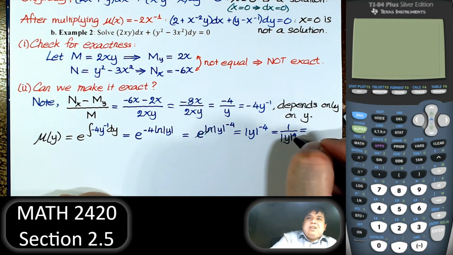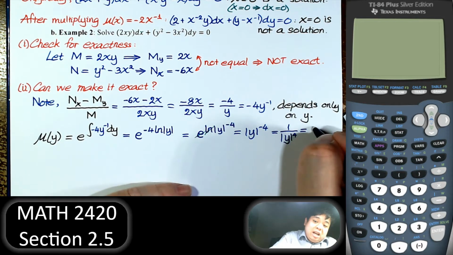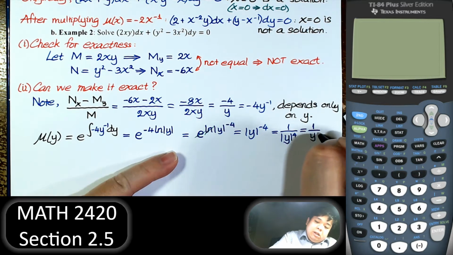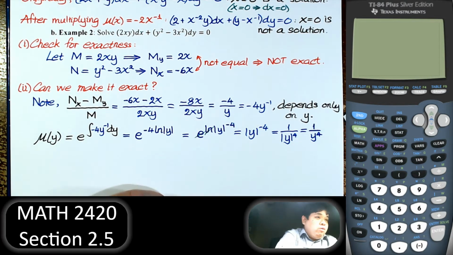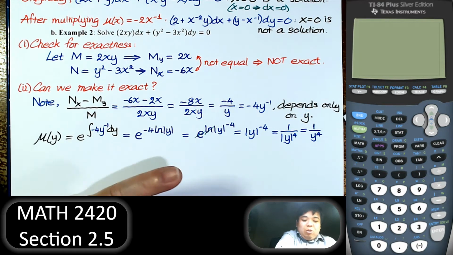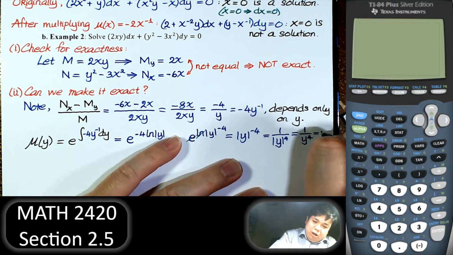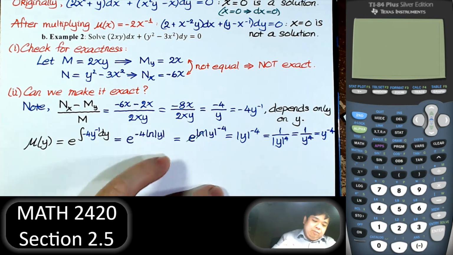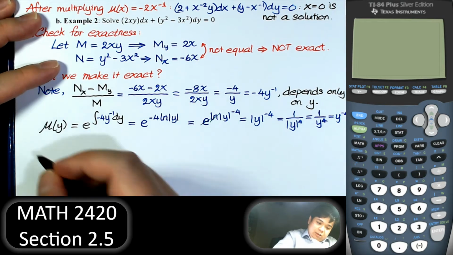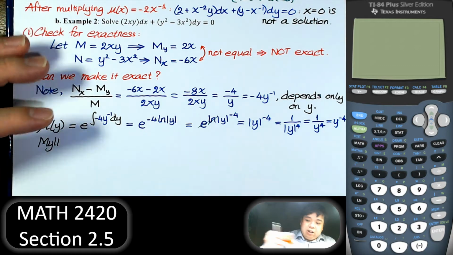Besides, remember from section 2.3, if there are absolute values in an integrating factor, we can throw them away, because we multiply both sides by it, and if it is plus or minus, it cancels out. So that's just 1 over y to the 4th, or y to the negative 4, either way. Right, multiply both sides by that.